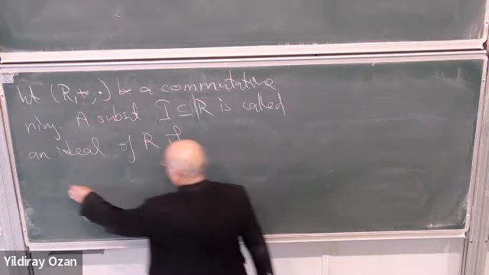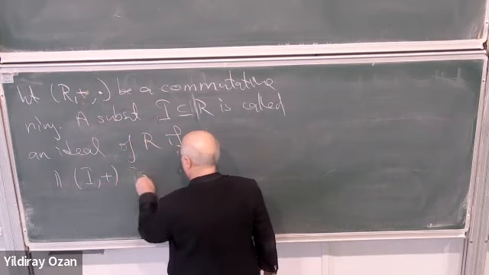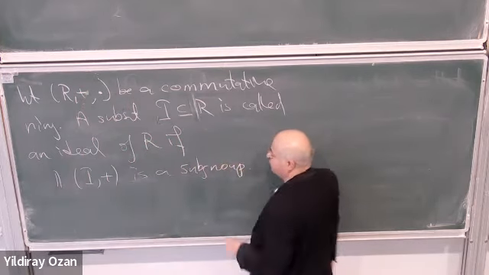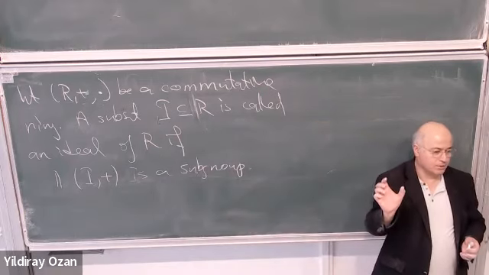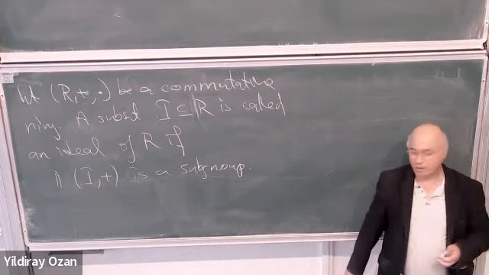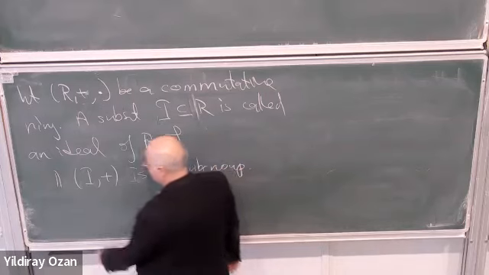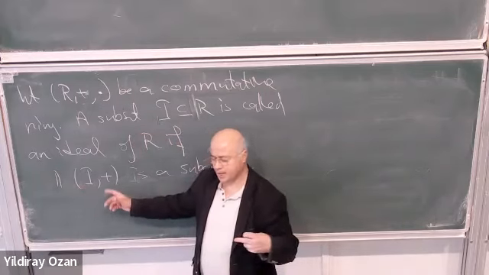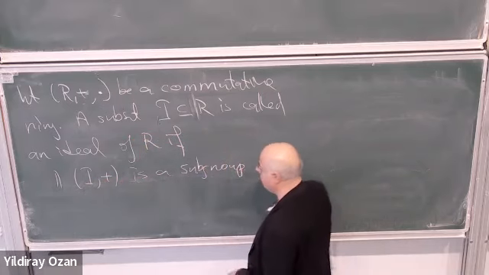So, I with this operation is a subgroup. In other words, it is closed under addition. If you have two elements, their sum is there. And of course, every element should have its additive inverse, right? Because it's a subgroup.